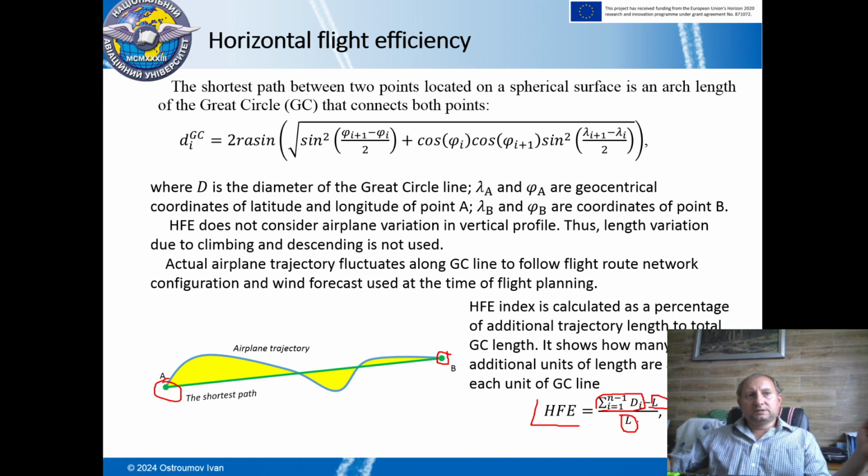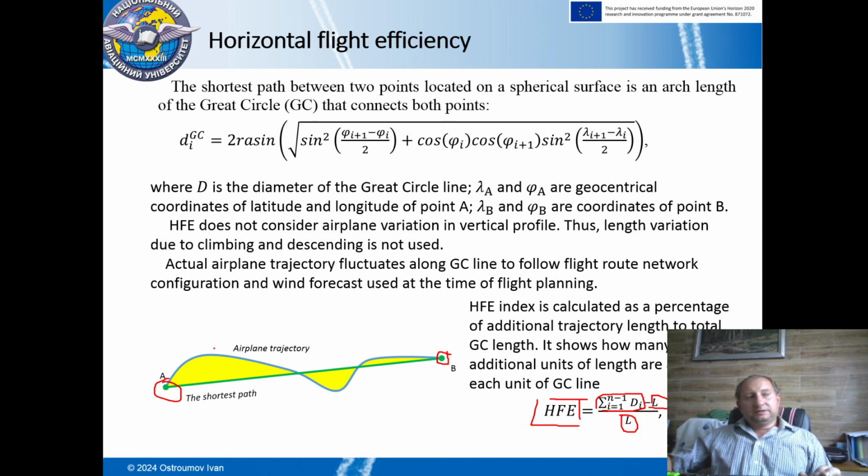It means that if we have a value more than 1, our actual trajectory is twice as big as the shortest path. And it means that in most cases the value of the horizontal flight efficiency coefficient will be less than 1.